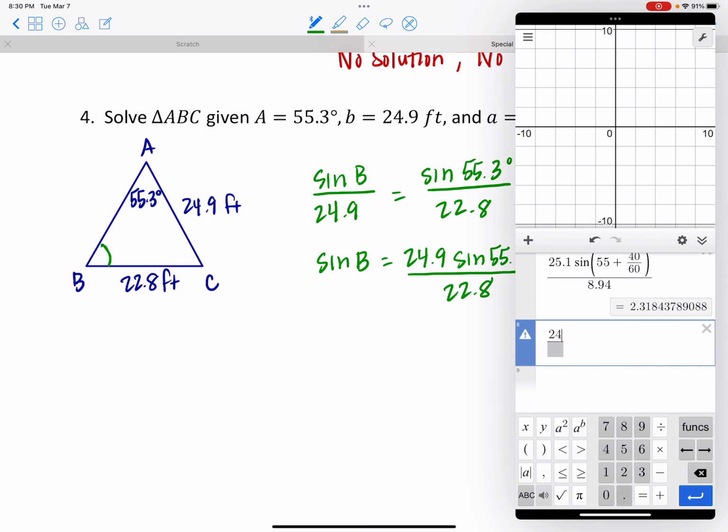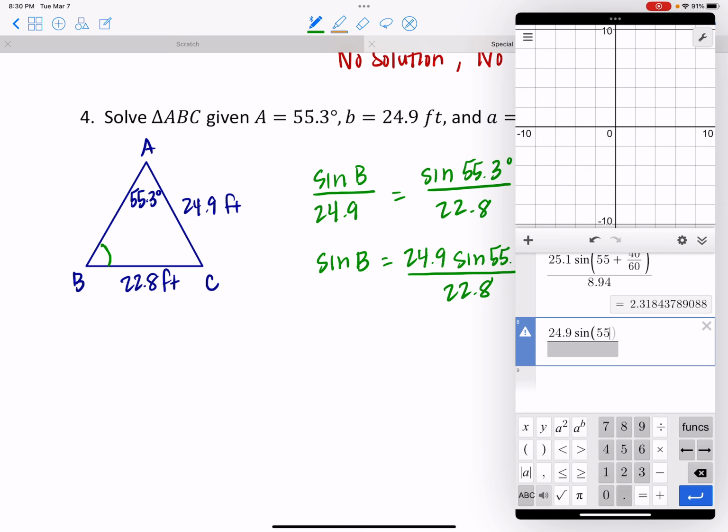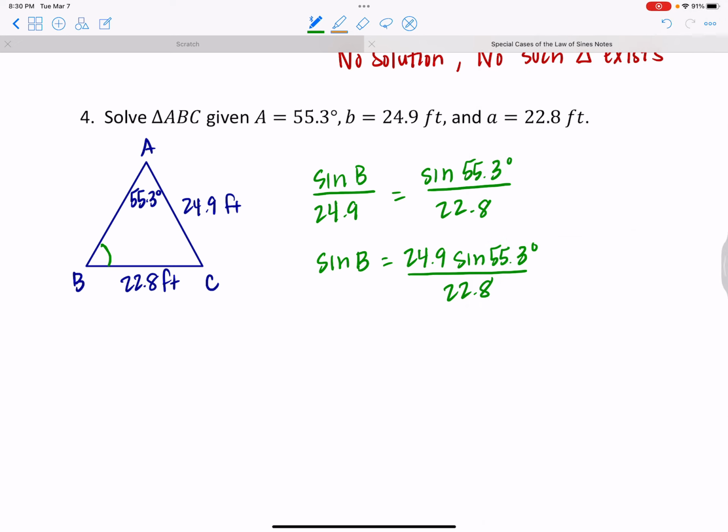So 24.9 times the sine of 55.3 divided by 22.8, and we get about 0.90, which is definitely in range. So now I want to find the inverse sine to actually get my angle. So inverse sine of the ratio.